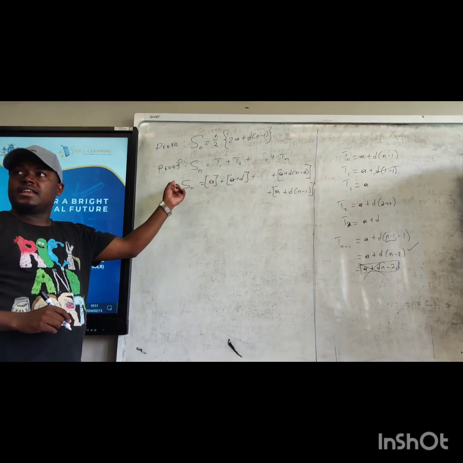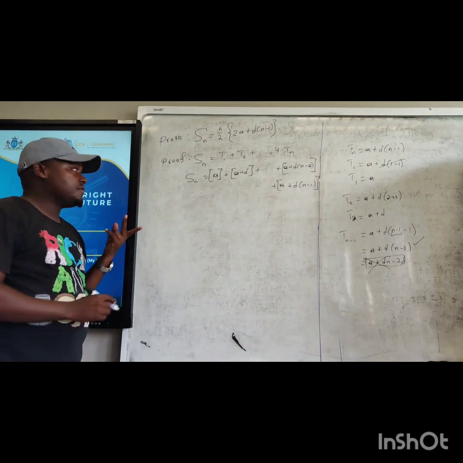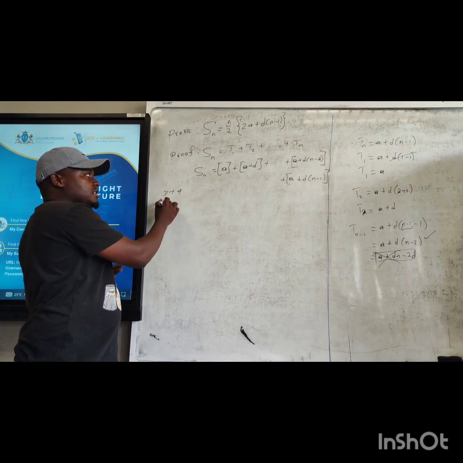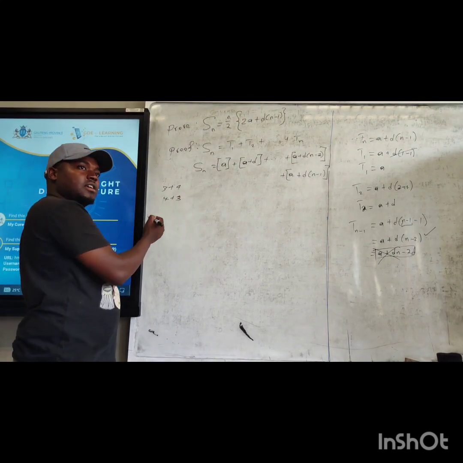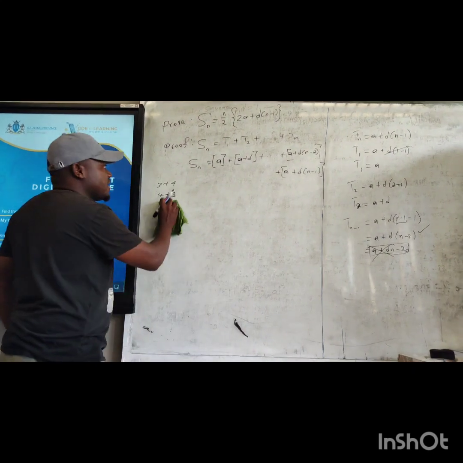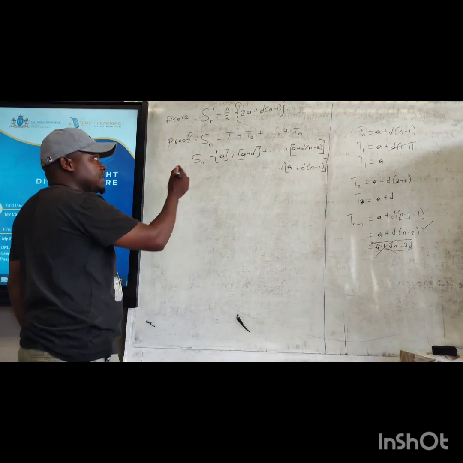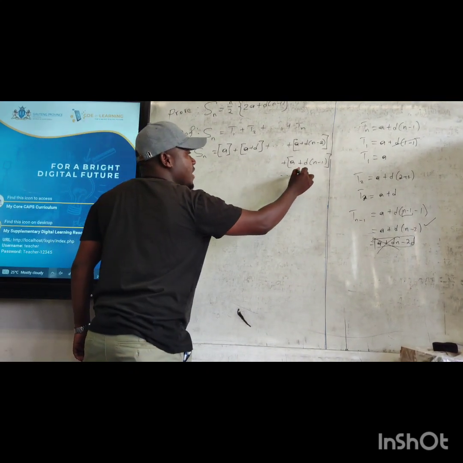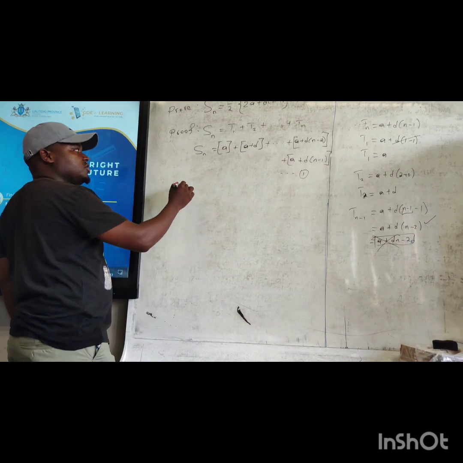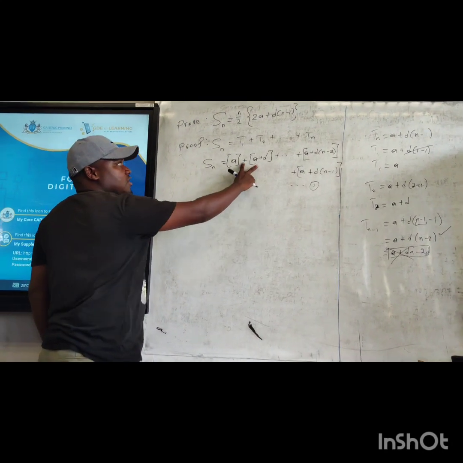Then this is Sn. I swap. If I have 3 plus 4, this is the same as 4 plus 3, isn't it? I'm adding everything, so by swapping, I'm not changing anything. So I'm going to make this equation 1. And then I'm finding equation 2 by swapping what I have here.